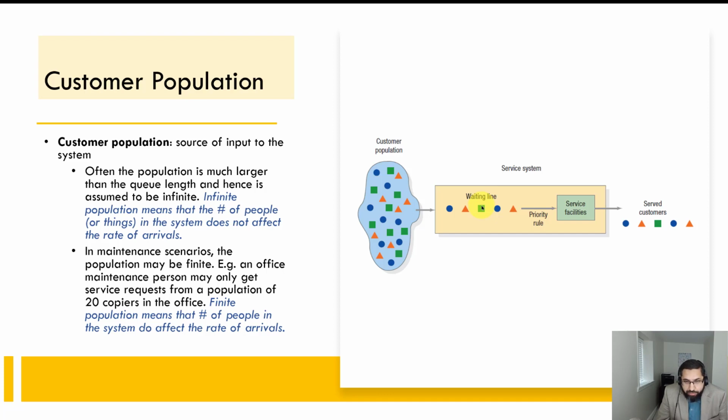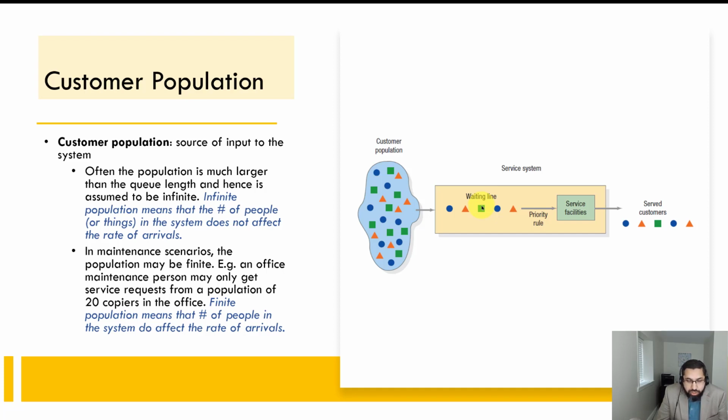And so when you have a very small population, as more and more people come to get service from you, the probability that additional people will arrive at your store decreases drastically, right? And then that complicates the analysis. And that's called a finite population model. So we're not going to talk about those today.